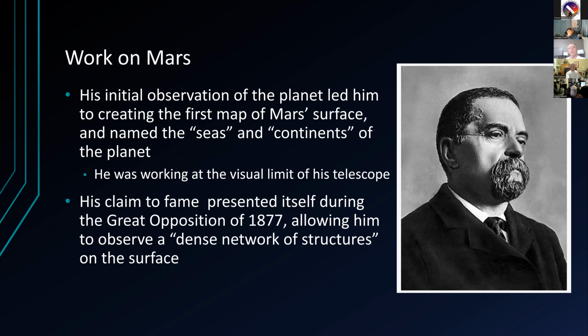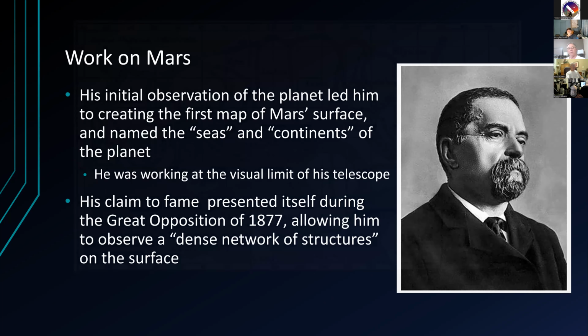We had a similar event of Mars having a great opposition in 2020. This close approach and his gear allowed him to observe what he wrote as a dense network of structures on the surface of Mars.